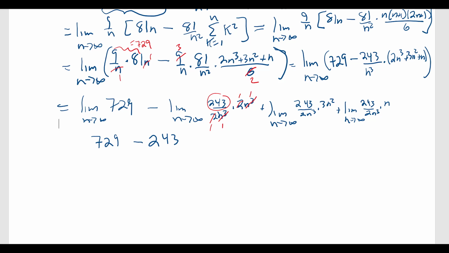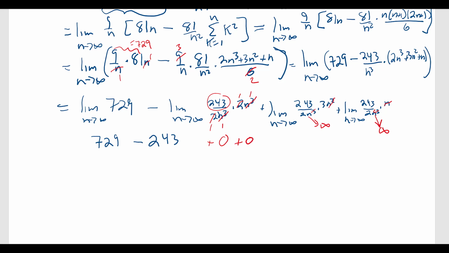Then if we look at it, this n squared would reduce out with the n cubed, leaving an n down below. So as n goes to infinity, this goes to infinity in the denominator, making this expression here into a 0. And then here this n reduces with the n cubed, makes it an n squared. And this denominator goes to infinity, which makes the fraction go to 0, so plus 0.